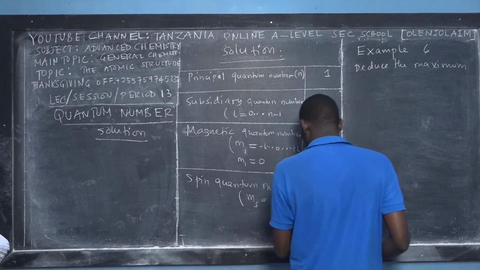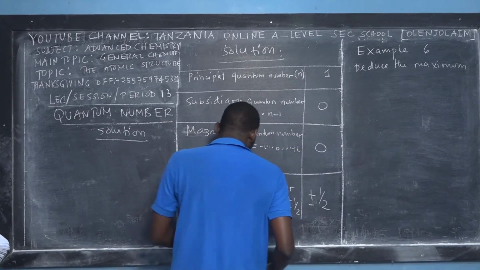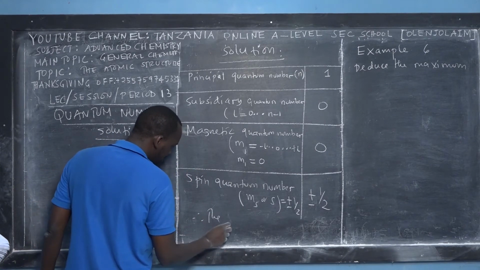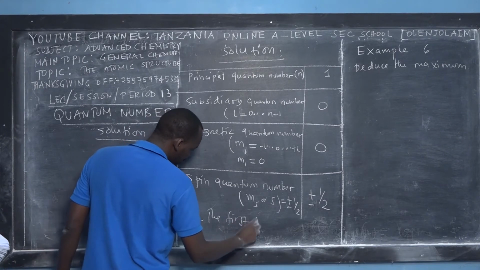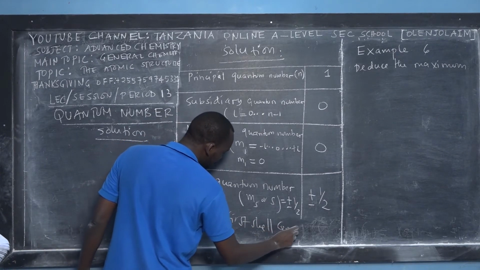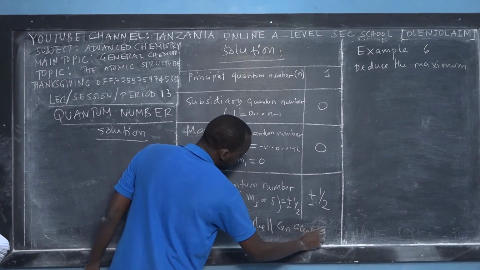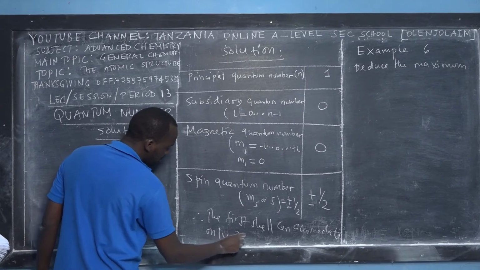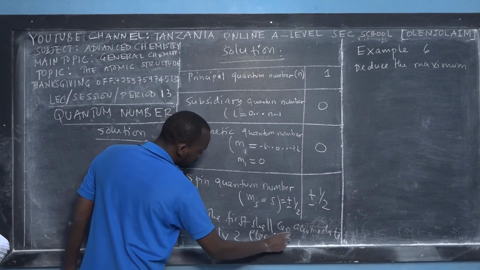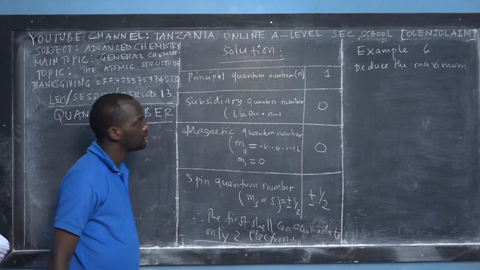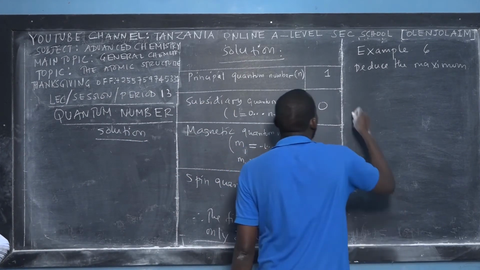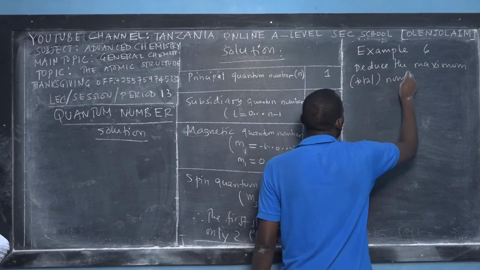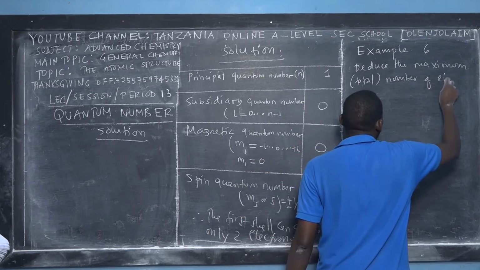For this case, the conclusion is that the first shell can accommodate only 2 electrons.